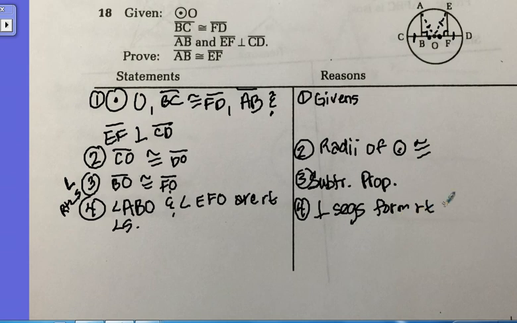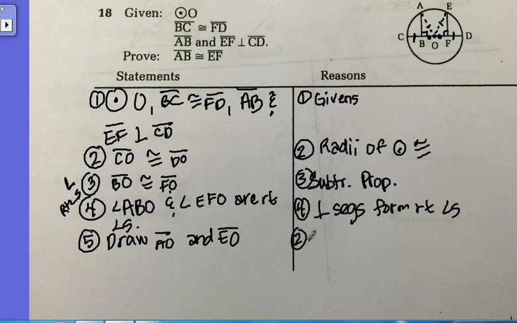All right, so now I have that, and that's coming from perpendicular segments form right angles, from your givens. And then the last thing we need to do here is what we had to draw. If you remember, we drew that. So we're going to draw segments AO and EO. Two points determine a line.